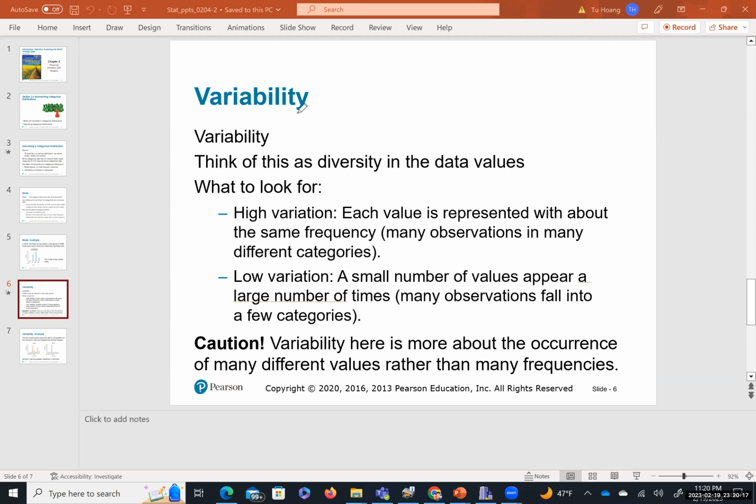So variability, think of this as diversity in the values. What to look for in this? First, high variation means each value is represented with about the same frequency, right?